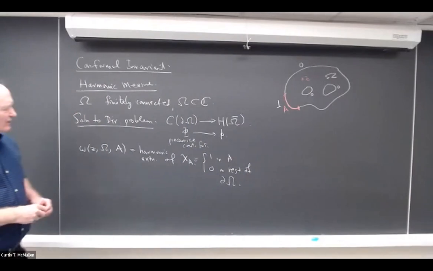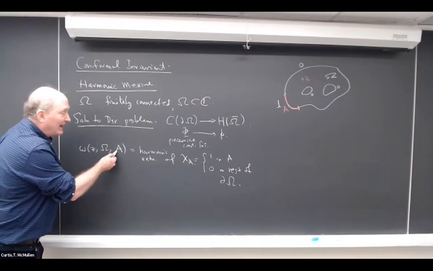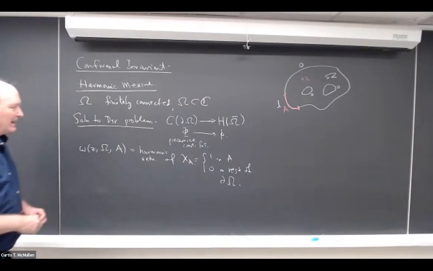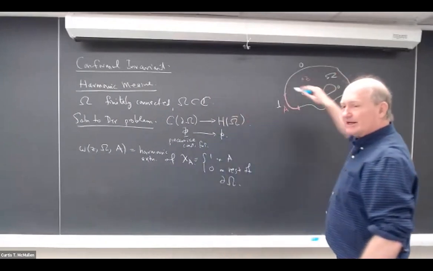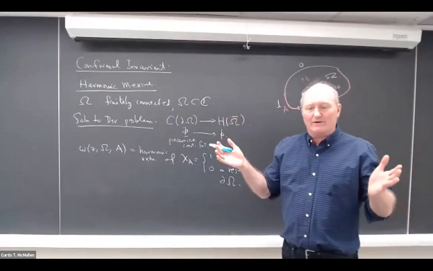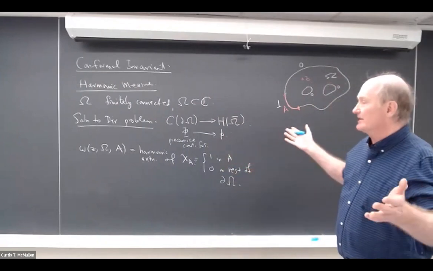So it's really just sort of a psychological thing that we think of fixing Z and varying A. And then this becomes a measure on the boundary. And of course, the harmonic extension of the whole boundary would just be the harmonic extension of the function 1, which would be the constant 1.